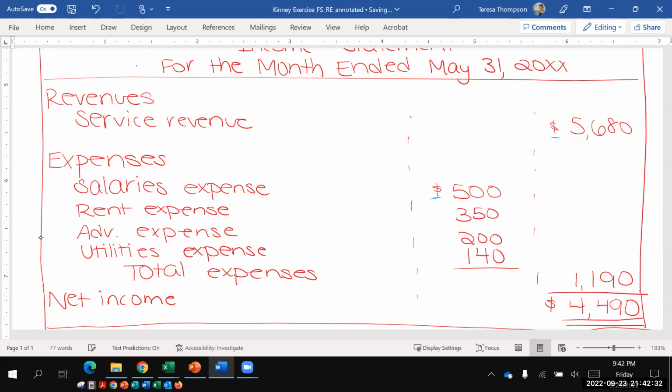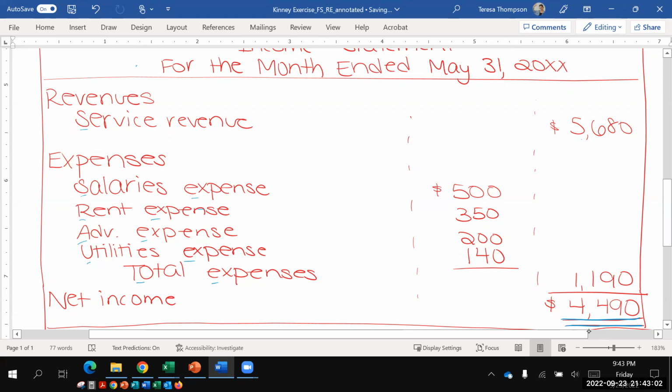So these were the first numbers in each column. And then the last figure gets the dollar sign and the double underline. Because you're, again, trying to emphasize the importance of that net income figure. That's the whole point of that income statement. So you want to let the reader know, hey, that's an important figure that you're going to want to look at. For capitalization, we capitalize the first letter of the first word, but not the second. I know there are rules for everything.